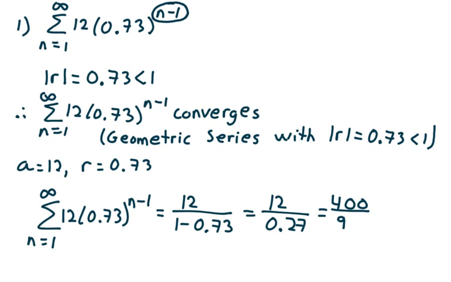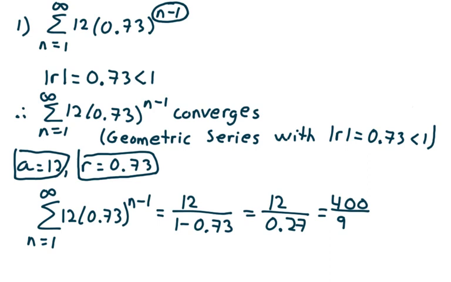Now, to find the sum, a equals 12, and r is equal to 0.73. So the summation from n equal 1 to infinity of 12 times 0.73 to the n minus 1 is equal to 12, that's a, divided by 1 minus r, so in this case 1 minus 0.73.